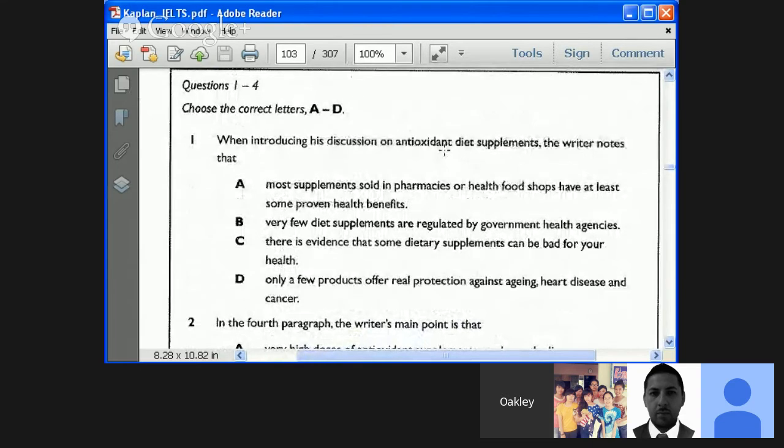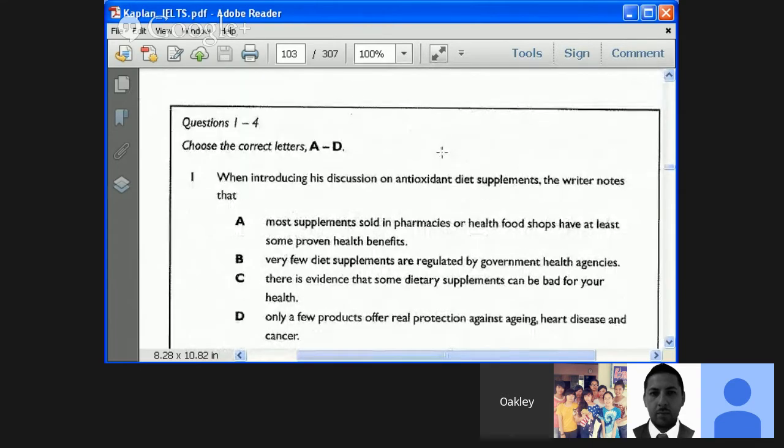I'm going to go directly to the questions, and the first thing I want to do, I need to figure out how much time I should dedicate to skimming or understanding both the content and the layout of the reading passage. It depends on the types of questions.